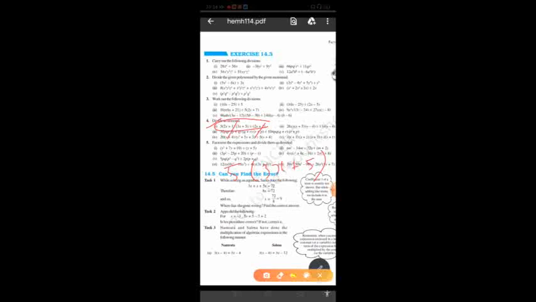Now let's see the second part of this question. This second part is 26xy into (x plus 5) into (y minus 4) divided by 36x into (y minus 4).